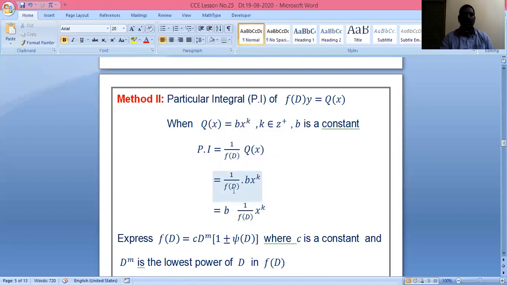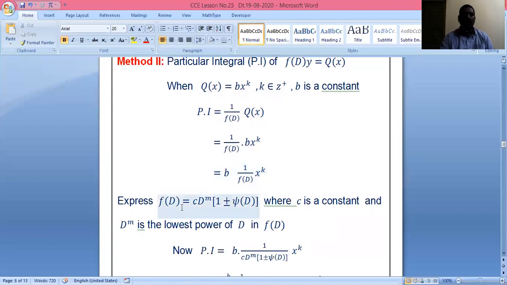That is equal to 1 by f(D) into b into x to the power of k. Here b is constant, therefore this can be written as b into 1 by f(D) into x to the power of k. Here f(D) is equal to c into D to the power m into 1 plus or minus psi of D, where c is a constant and D to the power m is the lowest power of D in f(D).